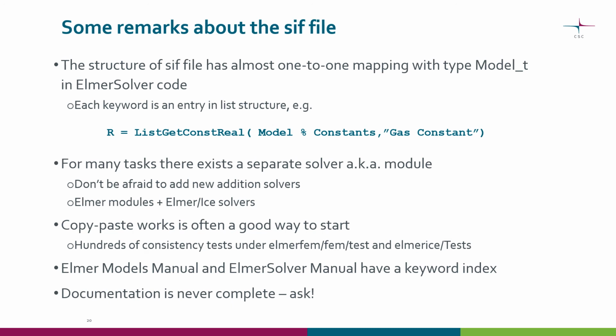So for instance, here we have a list, model constants, and in there we are trying to find the gas constant, and we use this list_get_constreal function to fetch the value of the gas constant from that list. So if you read the code, you can see that most keywords are fetched in this way, and if you create keywords of your own, it's as easy to obtain their values from the SIF file.